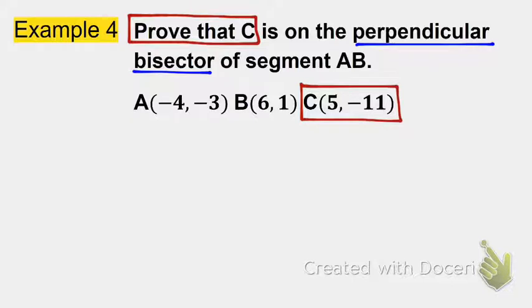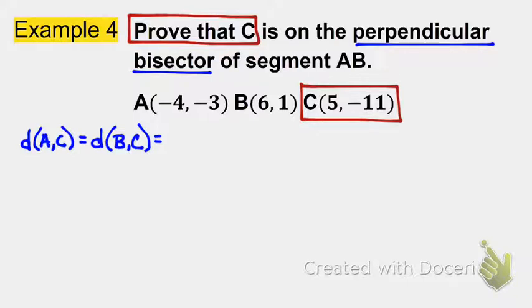Which would mean what? AC and BC are equidistant. Yes. So the distance from A to C is equal to the distance of B to C. If I can show that that's true, then I know that it's on the perpendicular bisector.